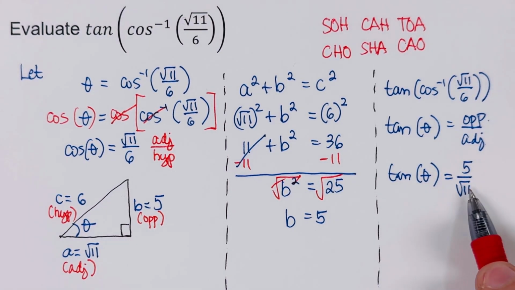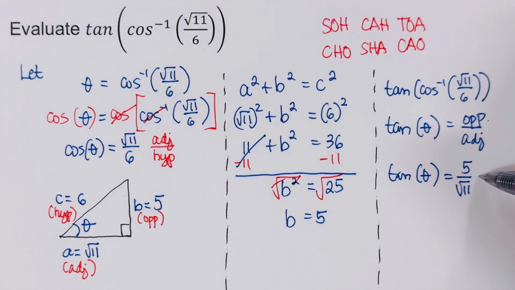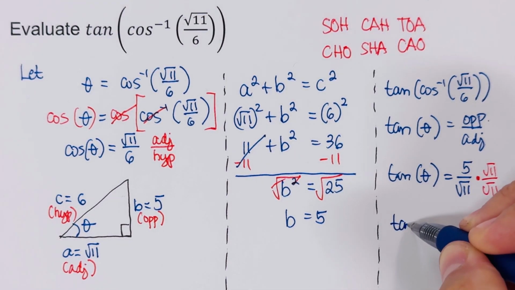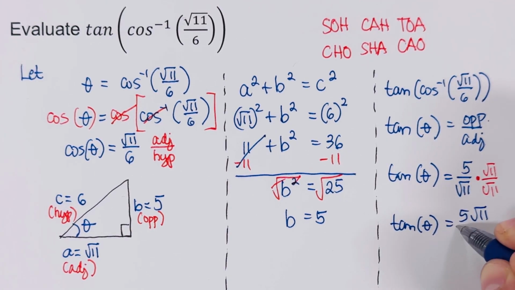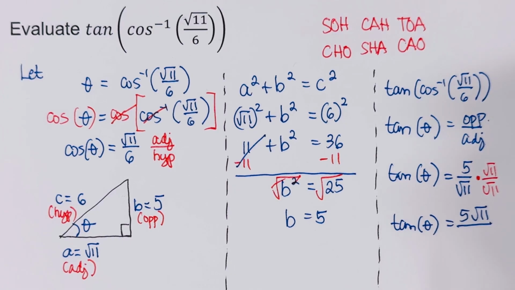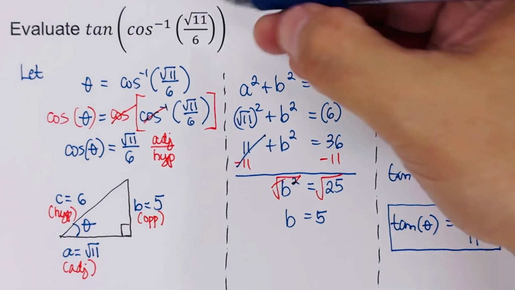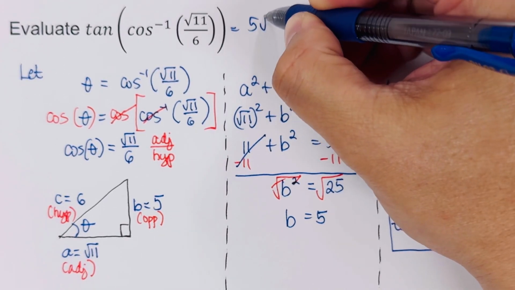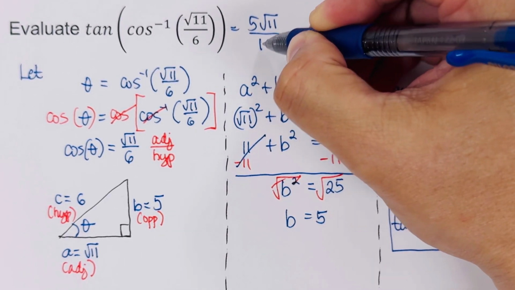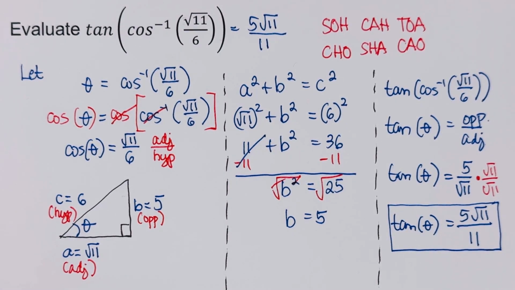Since we have a radical at the denominator, we're going to multiply this by square root of 11 over square root of 11, which is pretty much 1. So we can go ahead and say that our tangent of theta is equal to 5 square root of 11 over square root of 11 times square root of 11, which is 11. So this whole expression that we have right here is equal to 5 square root of 11 over 11. So that is how we evaluate a given composite trigonometric function.